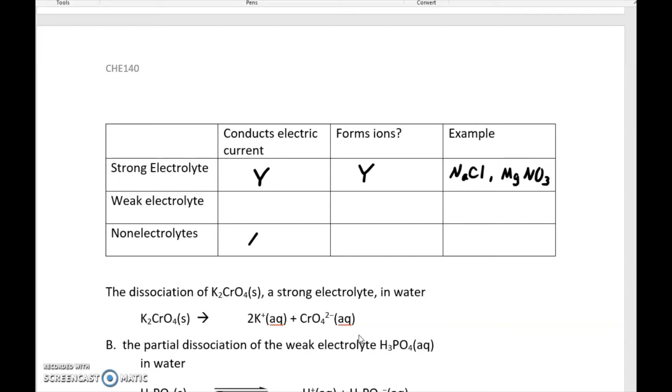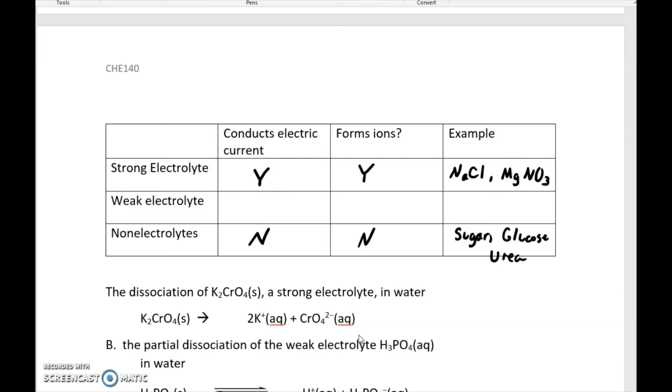Non-electrolytes do not carry current. They do not form ions. They stay as molecules. And examples are sugar, glucose, which is a single sugar, and urea.